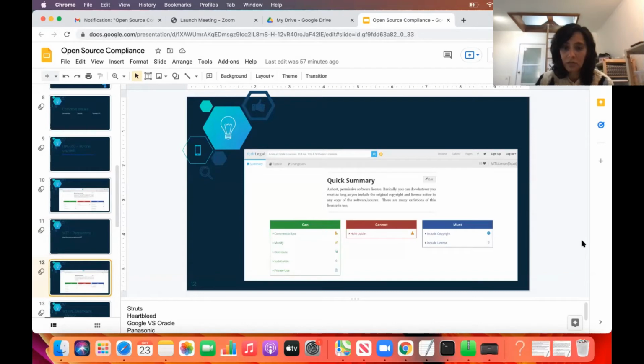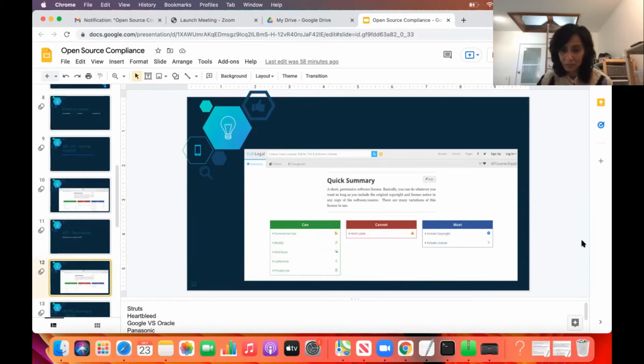You can do whatever you want as long as you include the original copyright and license notice in any copy of the software or the source, right? So basically with this license, you can do whatever you want with it, except you cannot hold the original writer liable for using the software, right? You must include the copyright and you must include the license.